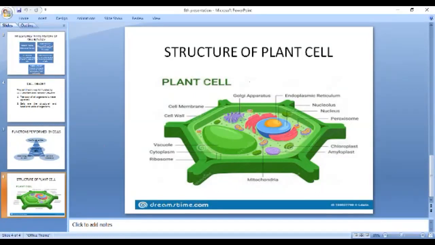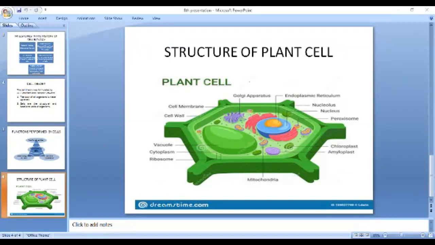So in the structure of the cell, now you know only that the center of the cell is known as the nucleus, and the next thing is the cytoplasm. The fluid part inside the cell is called the cytoplasm.